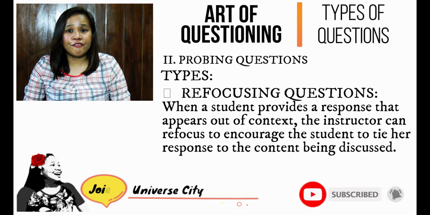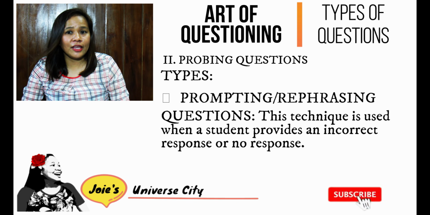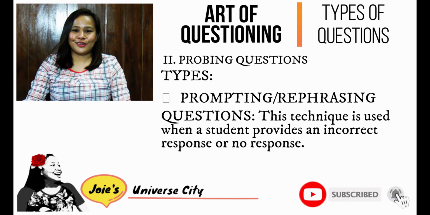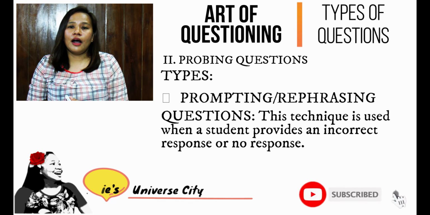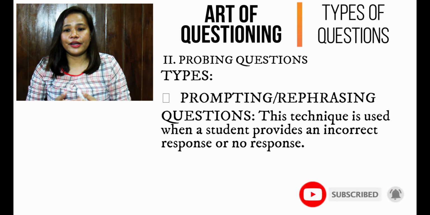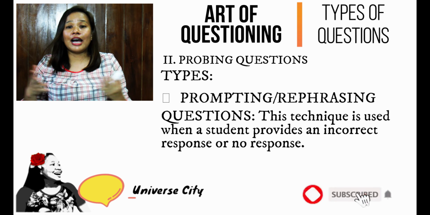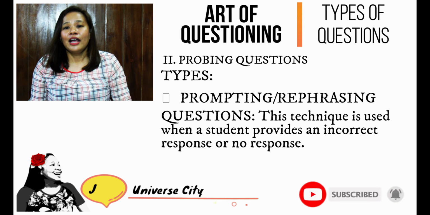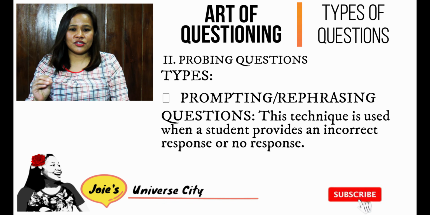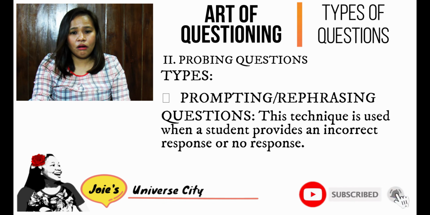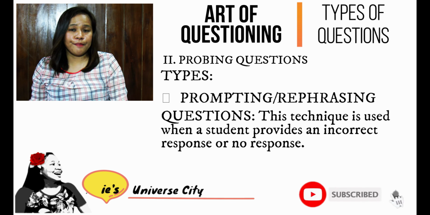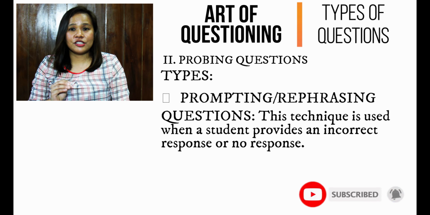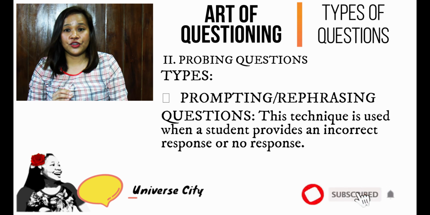The next type of probing question is prompting or rephrasing questions, okay? These questions are used when students provide incorrect answers or could not provide you with anything. So instead of telling the student that the student is wrong, or calling another student to answer immediately, you have to ask prompting or rephrase your questions.